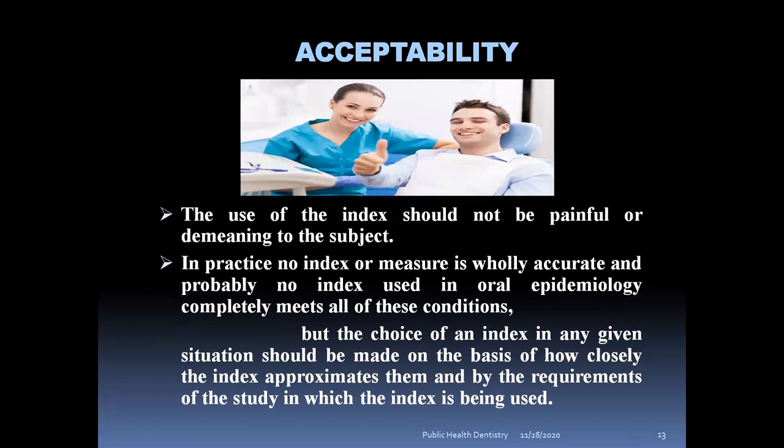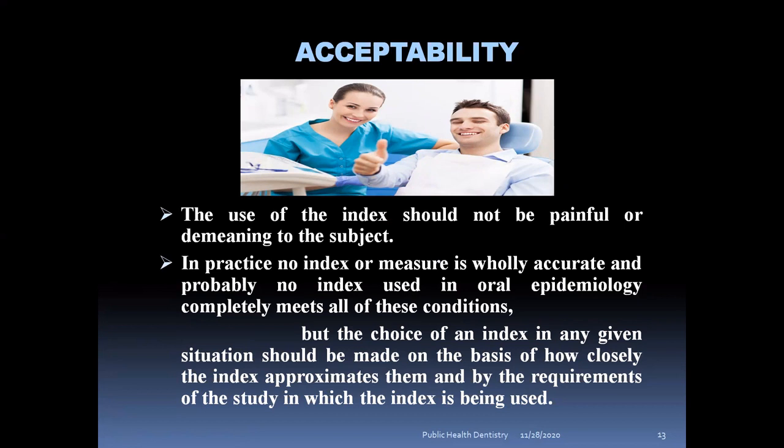Moving further onto acceptability, it is a very important point. Acceptability simply means that it should be able to record all the findings without harming the patient. It should be acceptable to the patient. The use of the index should not be painful or demeaning to the subject. In practice, no index or measure is wholly accurate, or probably no index used in oral epidemiology completely meets all these conditions.